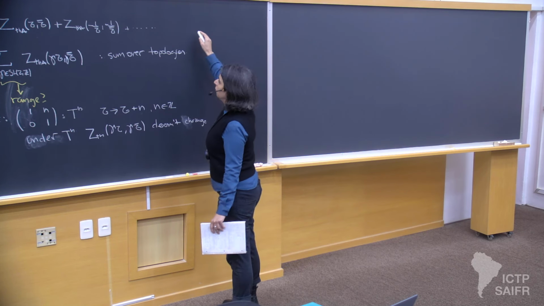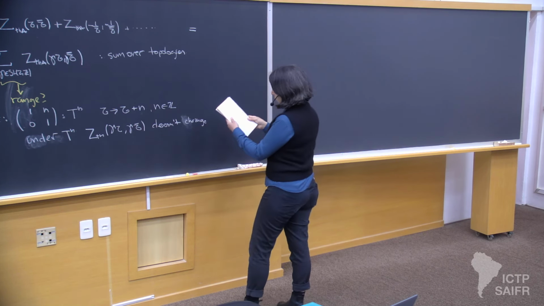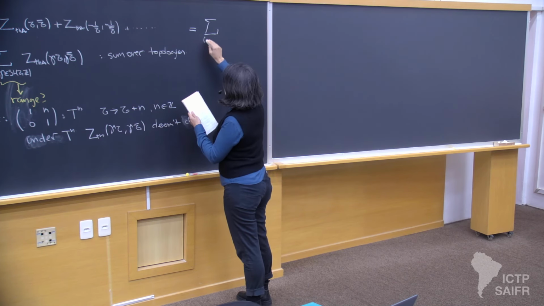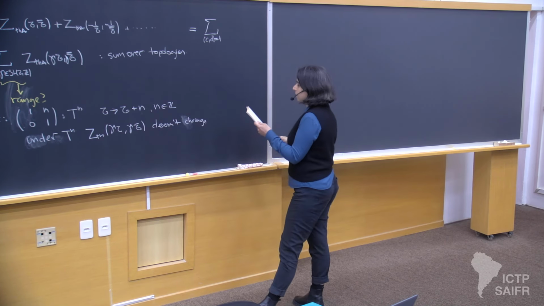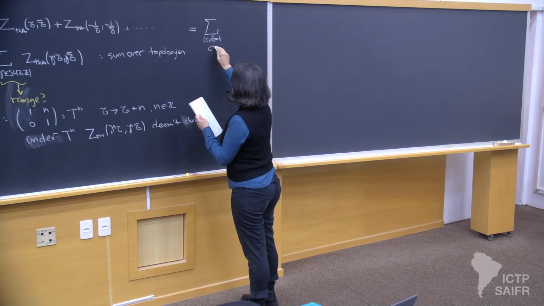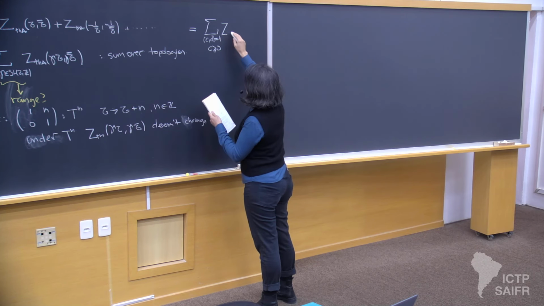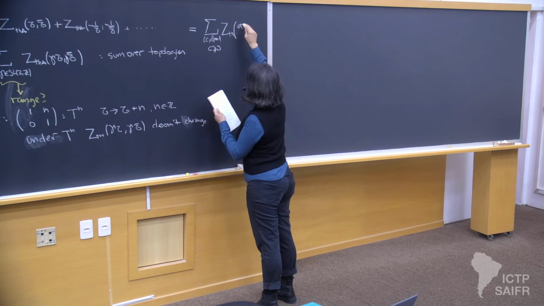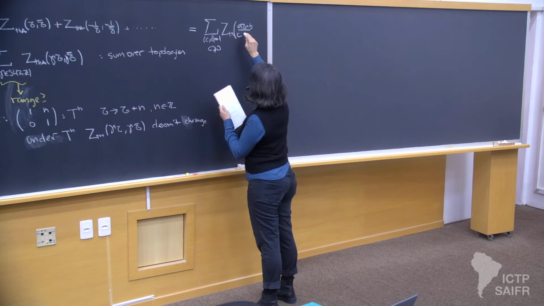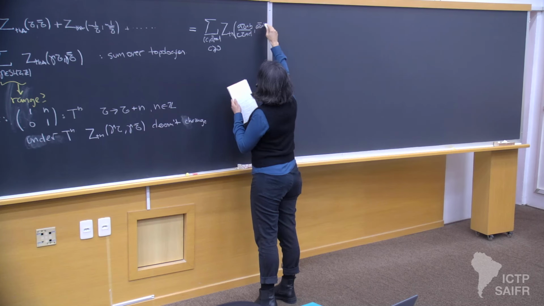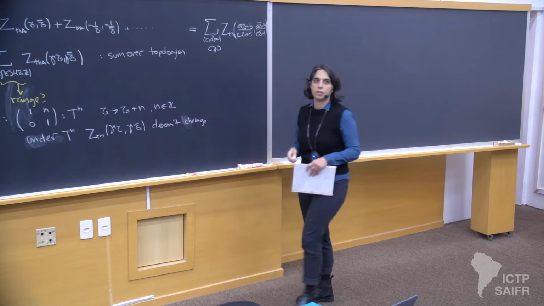So let me write the sum here. Removing this, the answer is that you need to sum over C's and D's that are co-prime, where C is an integer bigger than 0. Then you will have the answer for thermal AdS, and you write it like this, just to be explicit, plus D. So that's the sum that you have to do.